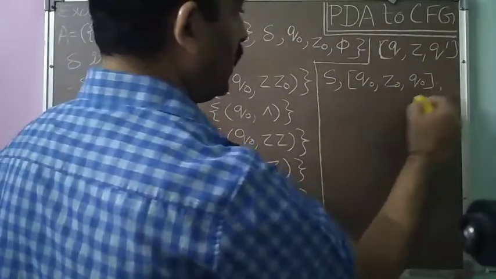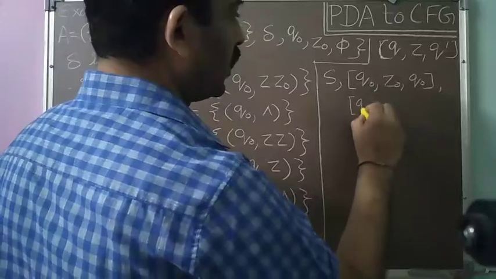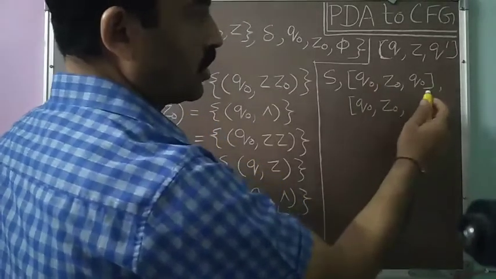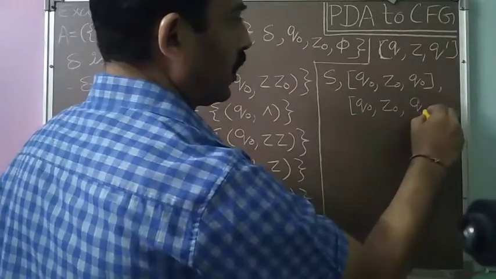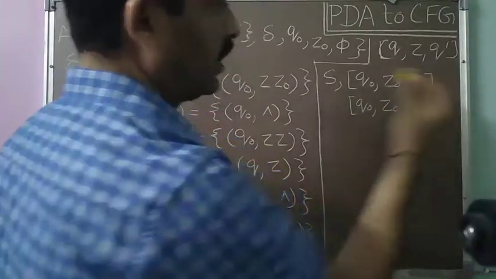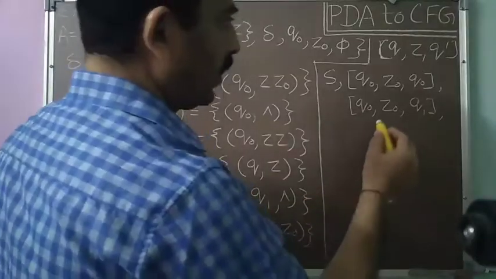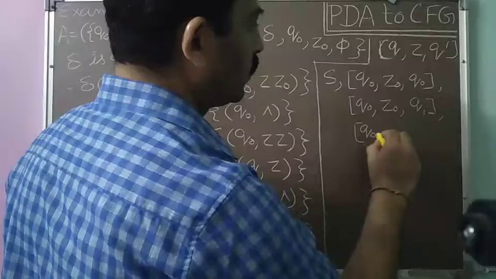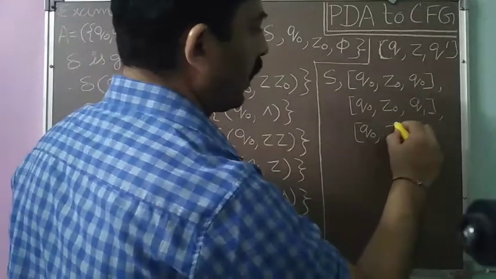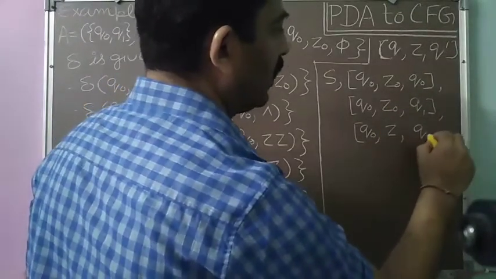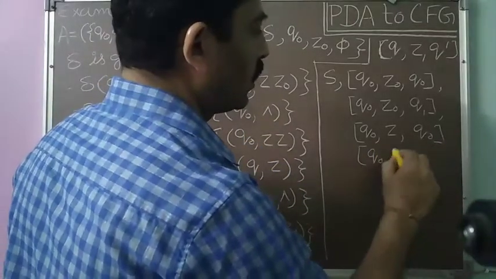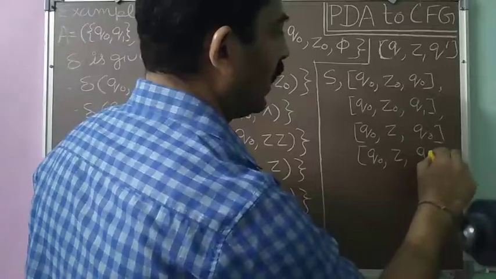The second triple may be Q0, Z0: I fix these two and change the last one, so another possibility is Q1. Then I change the second one: Q0, Z instead of Z0, and then Q0, and then Q0, Z, Q1.